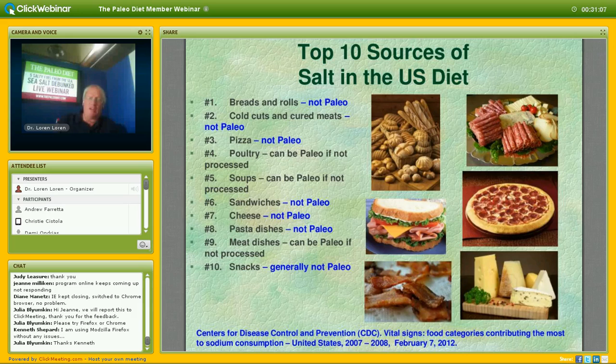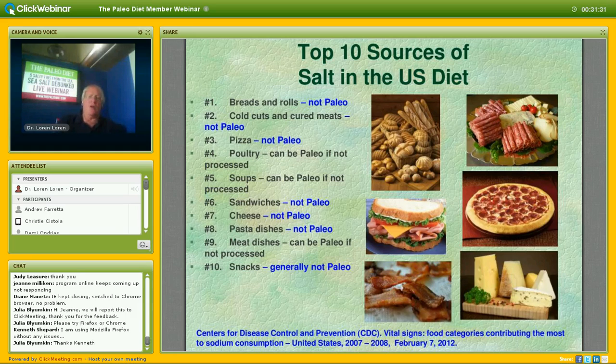Obviously, number three, pizza, is not part of paleo. I understand that some people are attempting to make non-paleo pizza with almond flours and so forth, but once again, if you add salt of any sort and processed meat and cheeses to the pizza, then you're basically getting the same salt load.